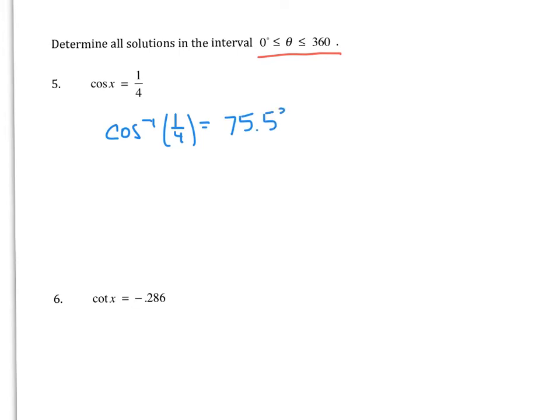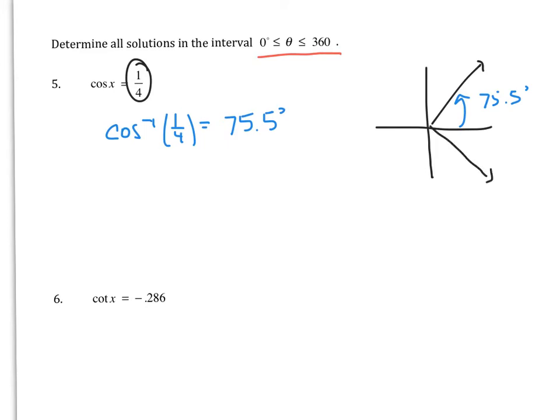75.5 degrees. All right, reminder, since we're talking about cosine being a positive value, cosine is positive in the first quadrant, which is what you're seeing right now, because we're getting 75.5 degrees. Okay, but cosine is also positive in the fourth quadrant, which means that we need to go 75.5 degrees this way.